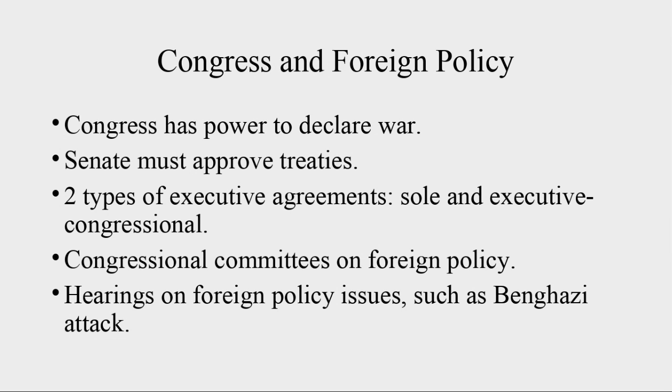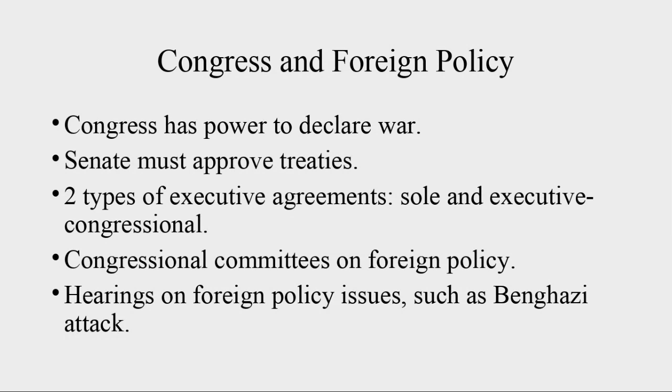An executive congressional agreement is one where the President submits the agreement to Congress for approval. You only need a majority vote, so 51%, to get the congressional executive agreement passed.